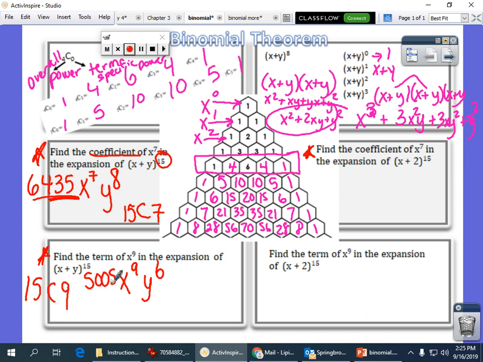Thumbs up if we can handle that. I need thumbs up, somewhere in between. Yes, what's your question? No, we only do the subtraction when I ask you for the term, the place term: first, second, third place. This actually gave you a power.